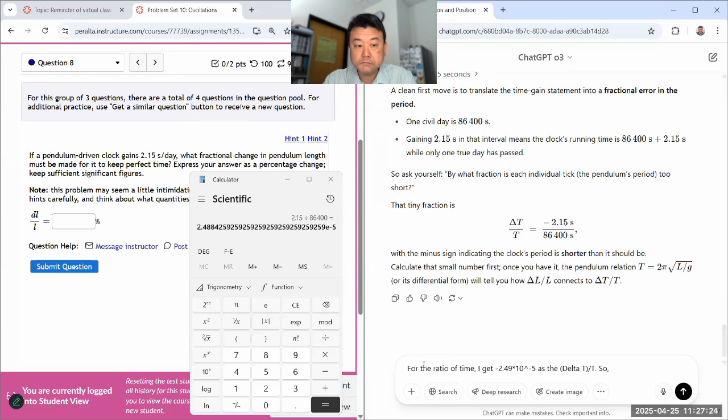I'll put a minus sign. So is dl divided by l the same fraction? So 2.49 times 10 to the minus 3 percent.